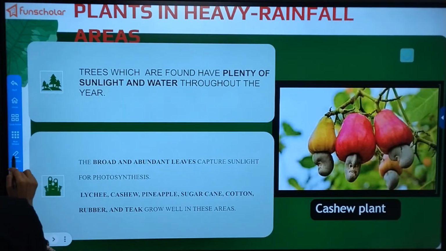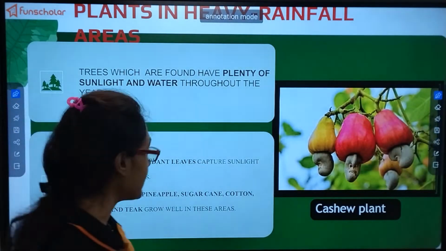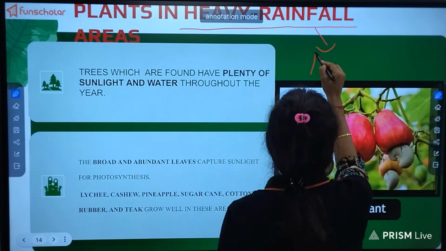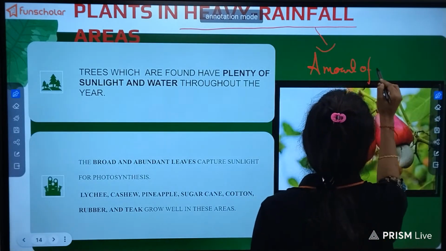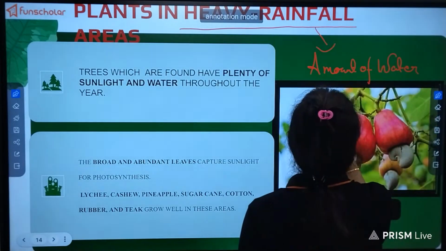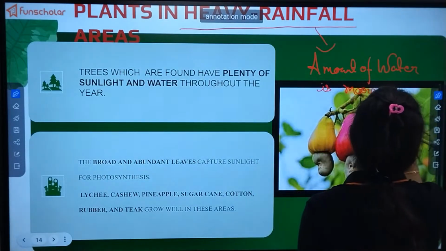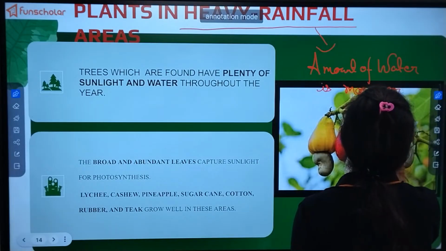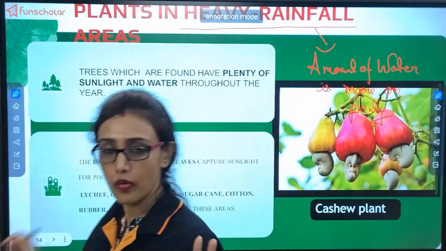Now what happens to the plant that grows in heavy rainfall area? Heavy rainfall means the amount of water is more or plenty, obviously.